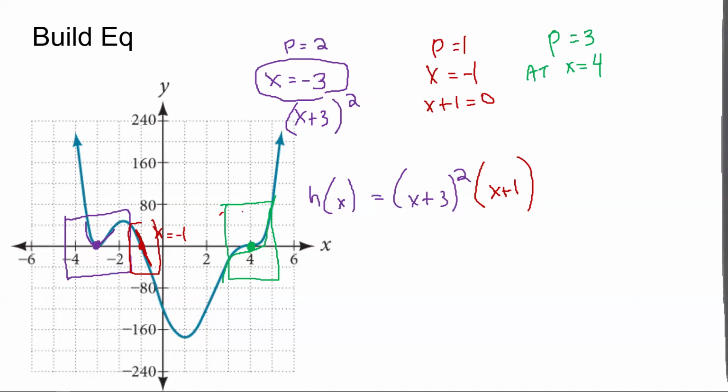And if I subtract 4 from both sides, then I'll have x minus 4 equals 0. So the last contributing factor here would be x minus 4. And I got to have it in there 3 times to get that little cubic function going on. That would be my function right there.